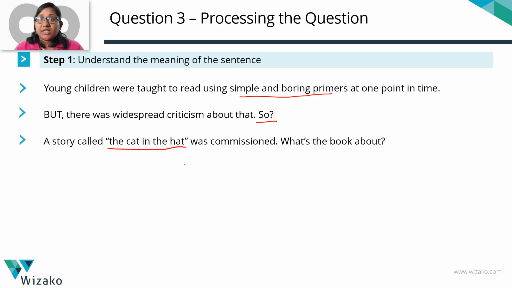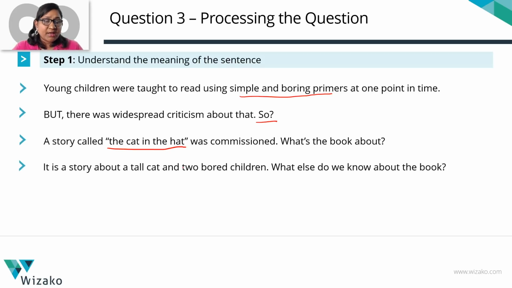So it's a story that people asked someone to write, right? We don't know who asked, who wrote. Nothing is given in the sentence. We just know that The Cat in the Hat was commissioned. And what do we know about The Cat in the Hat? It's a story about a tall cat and 2 bored children.